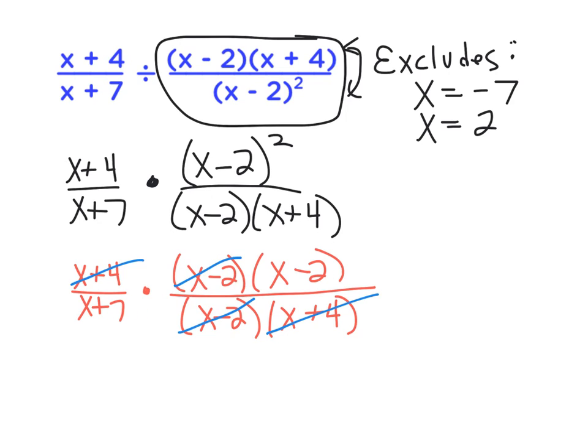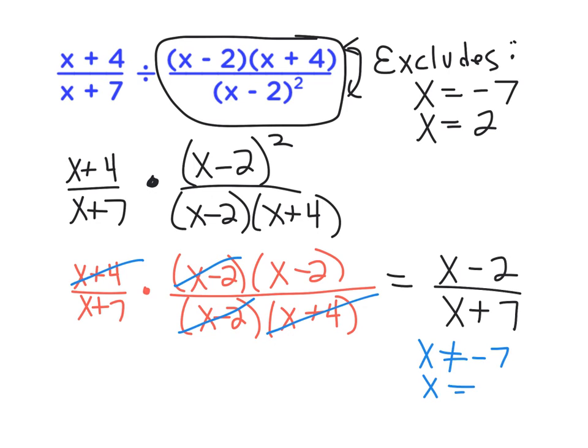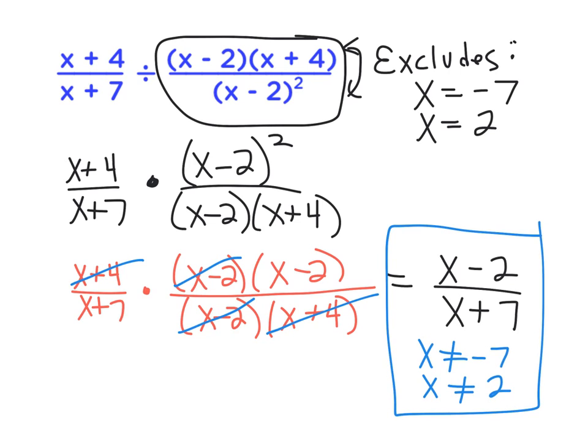So when I go to finish this, all I have left on top is x minus 2, and all I have left on bottom is x plus 7. So my answer is x minus 2 over x plus 7 with my exclusions of x not equaling negative 7 and x not equaling positive 2. And that whole thing is my answer.